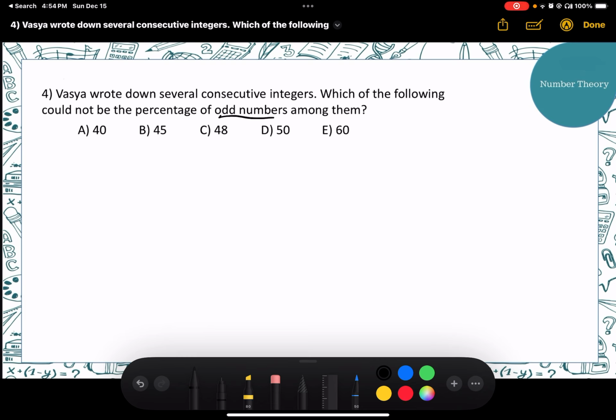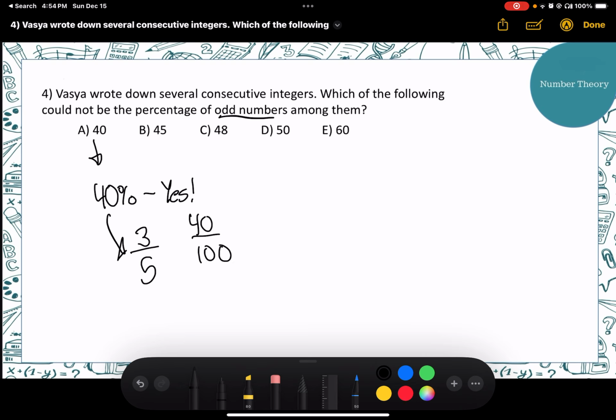I think here we should just use process of elimination. So what we should say here is, does 40 work? Can 40% be the percentage of odd numbers? And the answer is yes. And here's why. This is basically the same as 3 over 5, because it's 40 over 100.